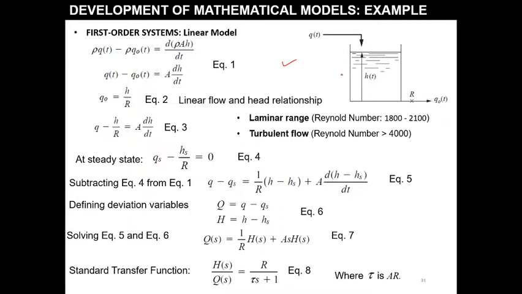So here in this tank you can see some fluid is entering in the tank with the flow rate Q(t), and Q(t) is the volumetric flow rate. Remember, it is the volumetric flow rate.